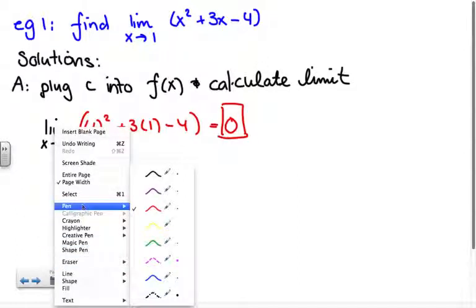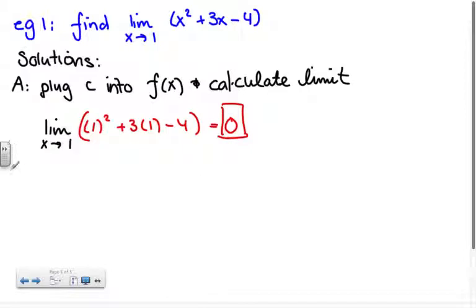Solution B, and you can choose the way that's most comfortable for you, is to use the limit laws. So the limit gets distributed to each of them.